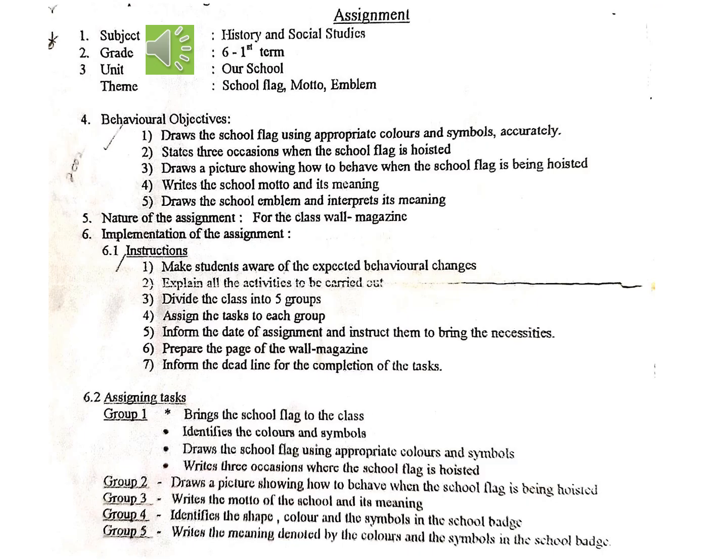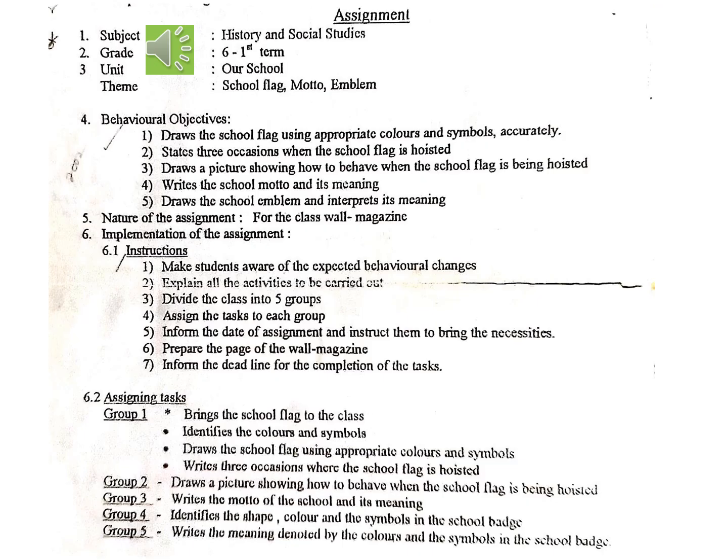Here, what are the behavioral objectives? Draws the school flag using appropriate colors, symbols accurately, right? So the students should be able to draw the school flag with the appropriate colors and symbols. States 3 occasions when the school flag is hoisted.